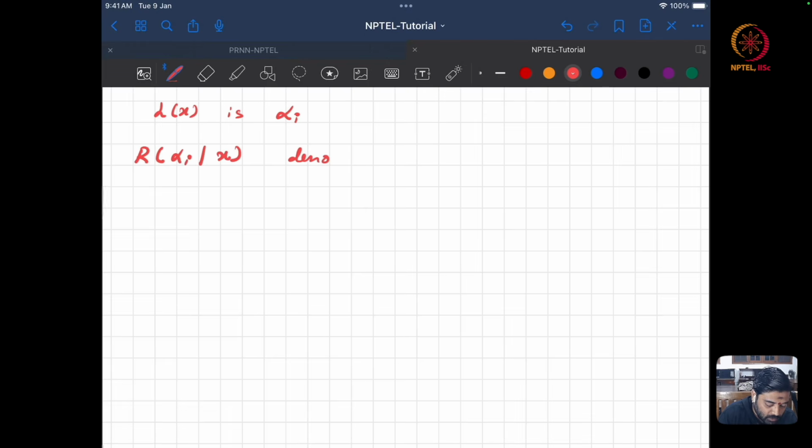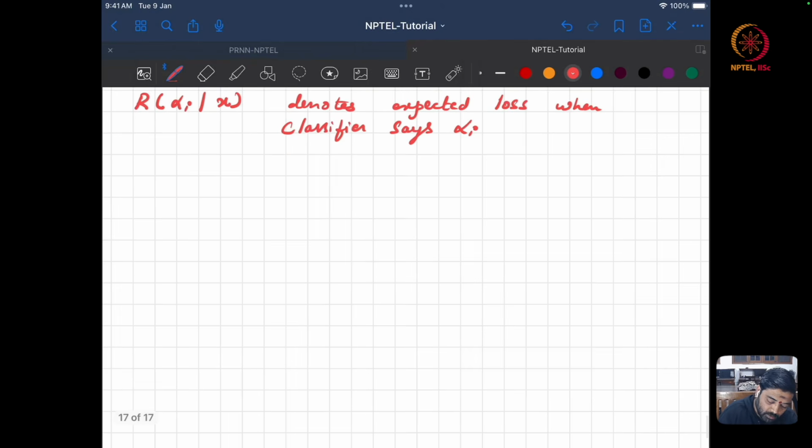This denotes the expected loss when the classifier says alpha i for the given X. I can actually go ahead and write this, for given X, as the expectation with respect to Y given X.